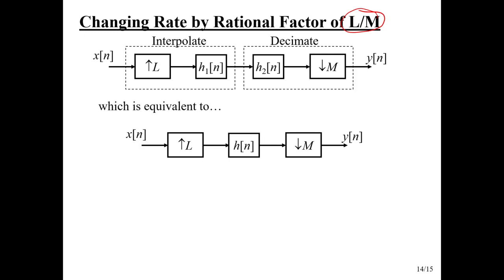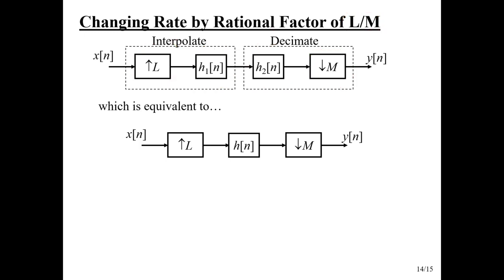Now, notice that we interpolate followed by a filter to get rid of the image spectra, and then we filter followed by decimation. Here's our discrete-time anti-aliasing filter to create an Nth band signal there and eliminate any aliasing that would happen if we didn't have that there.